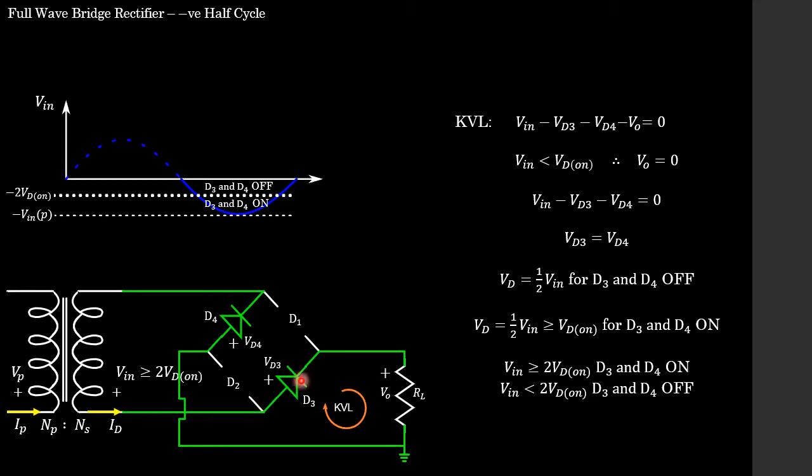We haven't yet forward biased our diodes, and when we go through this KVL, just as we did in the positive half cycle, we end up with this exact same expression, which says that our input voltage needs to be greater than or equal to 2 times our diode on voltage in order for D3 and D4 to be on. And if our input voltage is anywhere less than 2 times VD on, D3 and D4 are going to be off.